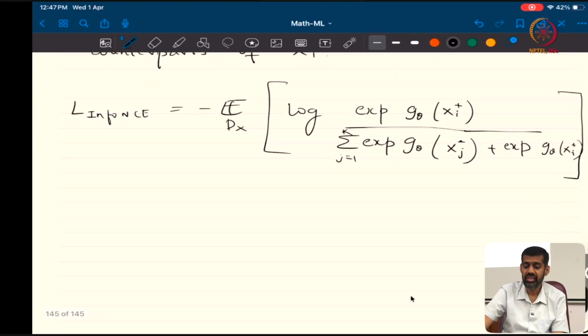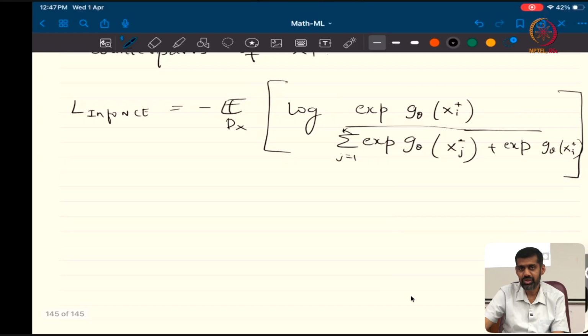See, what is this? This is the usual softmax that we are looking at. This is estimating the probability of xi plus being the positive sample given a sample, and everything else being negative. So, this is a k class classification problem.